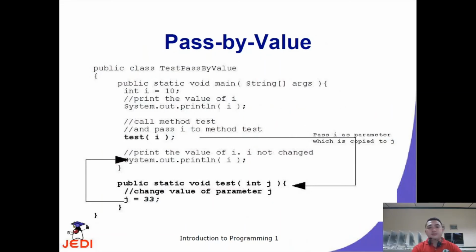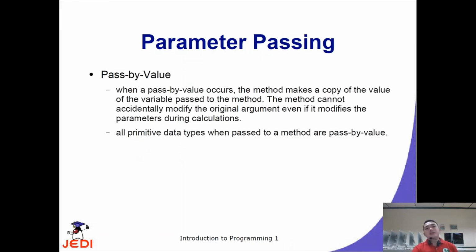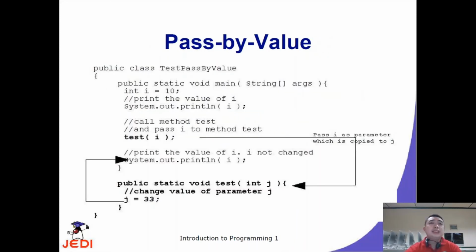Also, this is an example of pass by value. Please take note that all primitive data types can only be passed by value, and it will really copy the value of the passed variable.